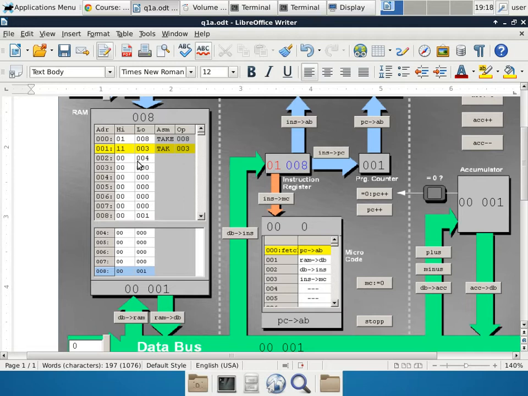If you look at the instruction on 003, it corresponds to the fetch instruction. It's going to fetch 003 again, go back to 000, and go through this cycle.